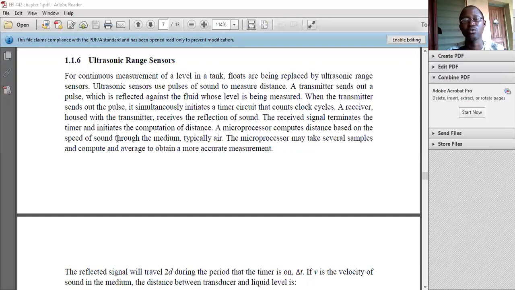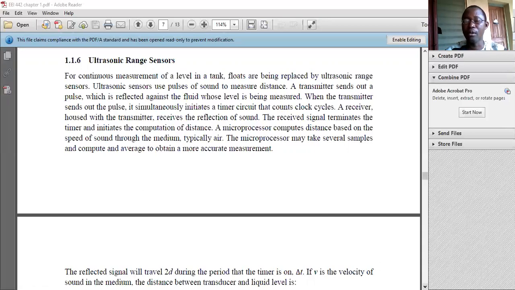So you can now have two of the distances. When the signal is sent, it goes down one distance to reach the surface of the fluid, and from the surface of the fluid, it is reflected back and received. So the signal will actually cover two distances. Using the velocity of sound in air, you can now calculate the distance.